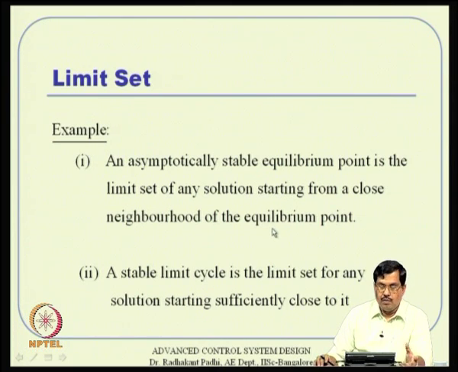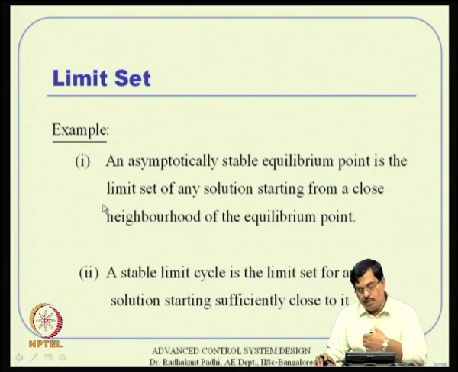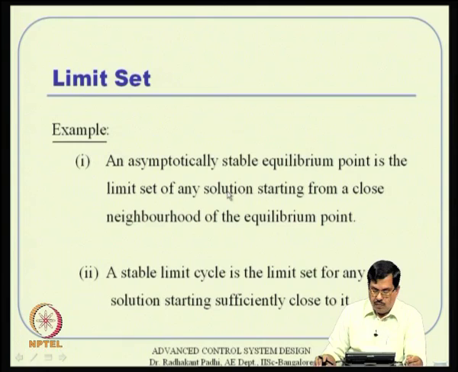If it starts within a closed neighborhood, obviously the trajectory is going to go to the equilibrium point. So, obviously that becomes a limit set actually. As t goes to infinity, the trajectory will go to that particular set. And a stable limit cycle is the limit set of any solution starting sufficiently close to it actually. So, that is a definition sort of thing.